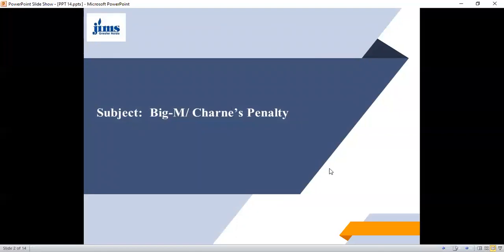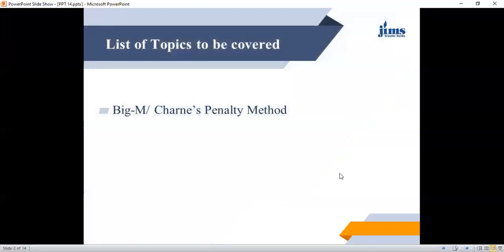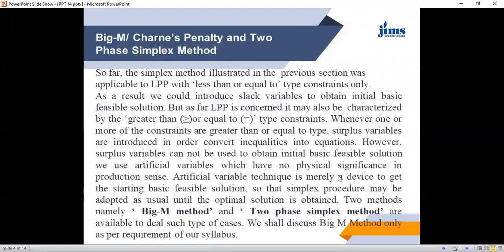So we are now going to discuss the big M or Charnes' penalty method for solving minimization problems or even maximization problems with constraints in equations of greater than or equal to type or simply equal to type.